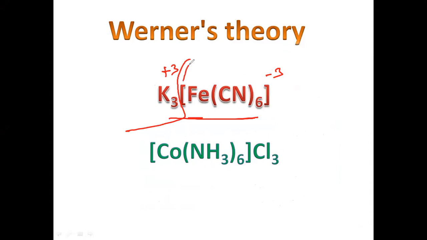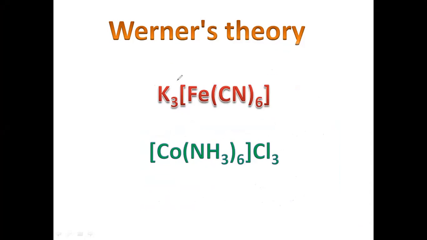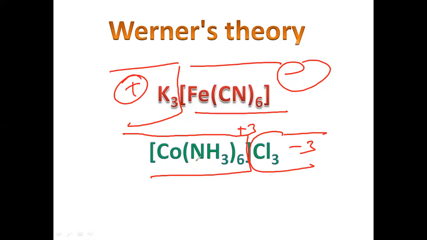You know that this is the anionic part and this is the cationic part. Sorry, this is our anionic part and this is our cationic part. The cationic part is +3, and here this part will be -3, that is the anionic part. So you can easily understand that the primary valence is nothing but that which satisfies the oxidation state of the central metal ion.